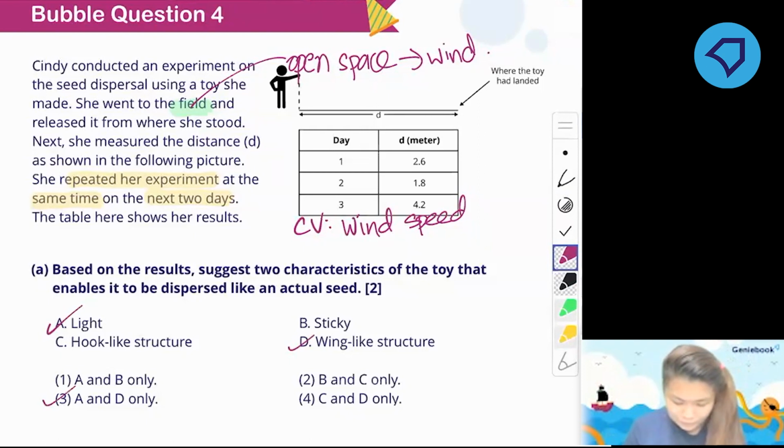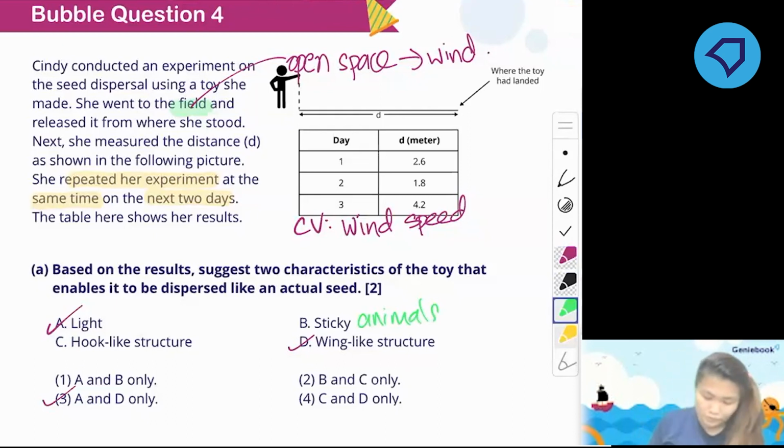Some of you chose B and C. Sticky and hook-like structure. When you say sticky and hook-like structure, these two would be more referring towards animals. This will be more for animals. This is also for animals.